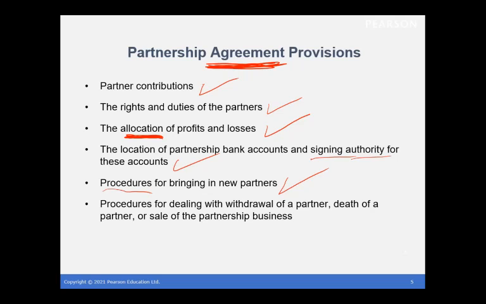What about if we have death or withdrawal? Somebody wants to leave or leaves due to death, or they want to sell part of their portion of the partnership. How do we deal with that? All of this stuff should be laid out in a partnership agreement so that it's set in stone, it's in writing, and we don't have to argue about this in the future.